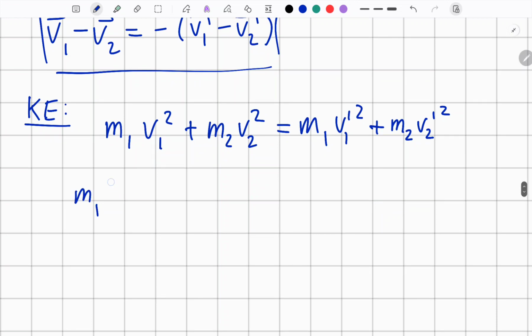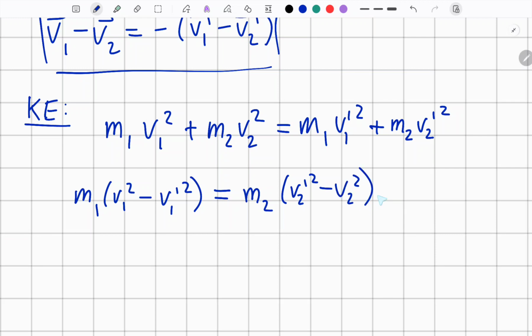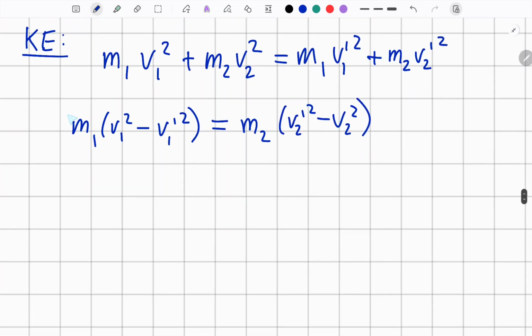Rearranging this, we get M1 times (V1 squared minus V1 prime squared) equals M2 times (V2 prime squared minus V2 squared). So this is going to become important in a moment.